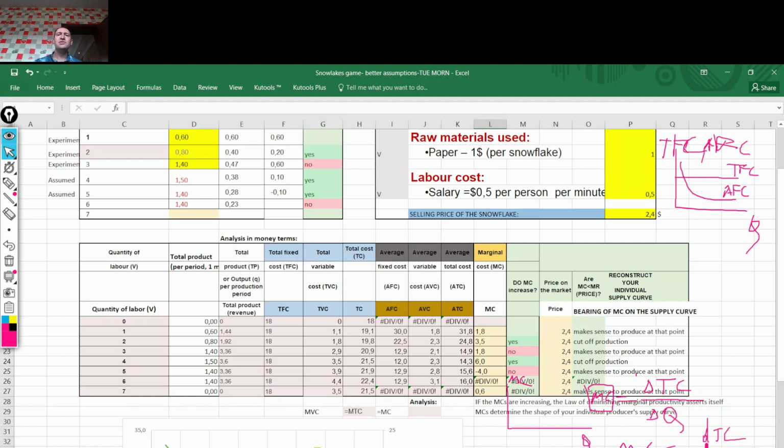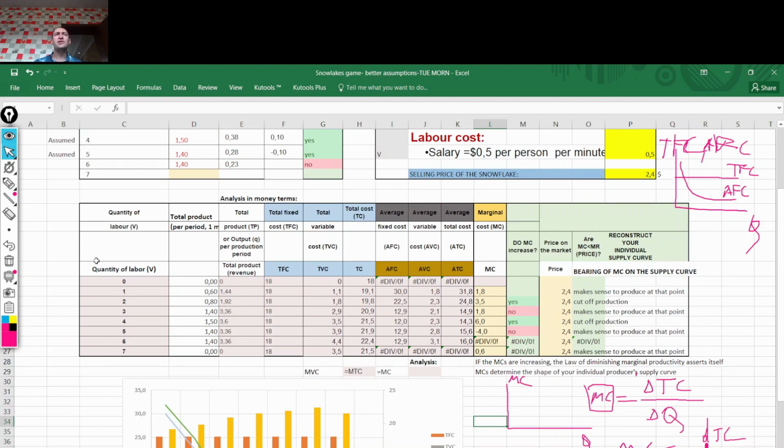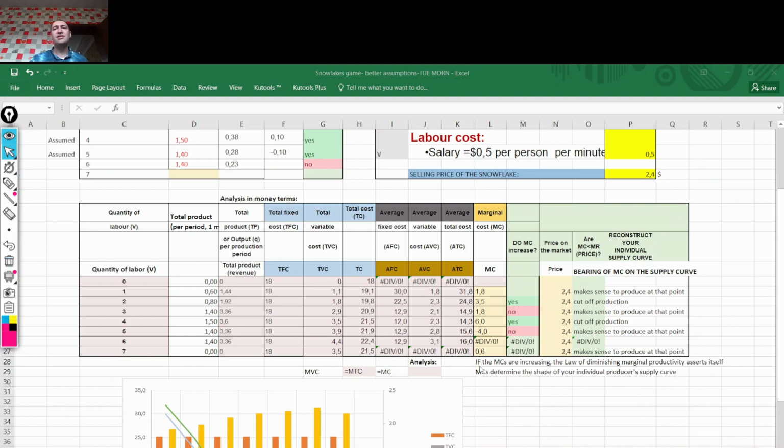So we now know about the marginal costs, and they are very important in economic analysis, because it's the marginal cost of your production that determines the shape of your individual supply curve. So you will now make an important discovery in economics: there's no need to have any special theory of a supply curve.